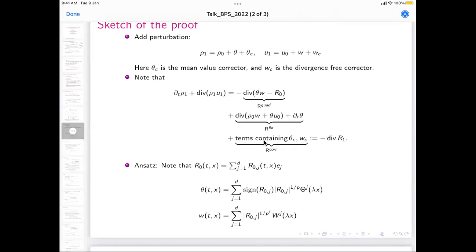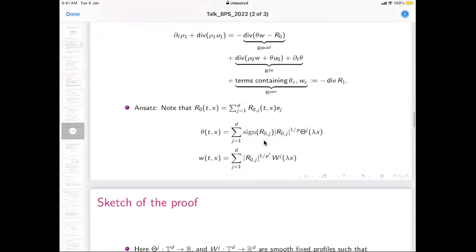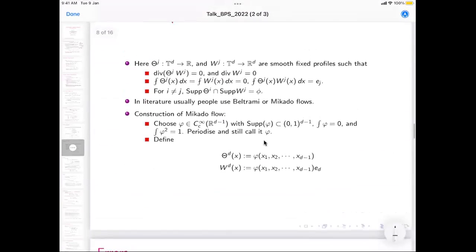So I have to tell you what these fixed objects, theta j and w j, are. In the context of Navier-Stokes and Euler, these are called Mikado flows. These are very simple. So I want my theta j and w j to satisfy, first of all, these three things. There should be a solution of the stationary transport equation.